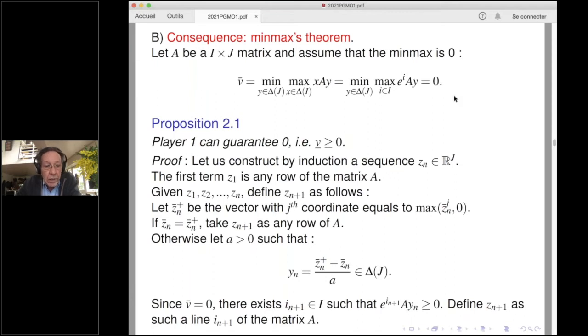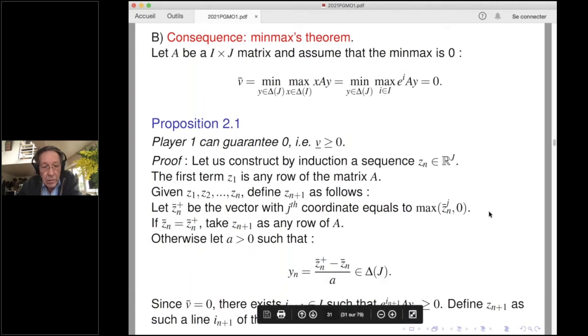Since the min-max is 0, facing this considered as a mixed strategy of player 2, there is a way for player 1 to get 0, because the min-max is 0. It means that the best that player 2 can force player 1 is 0. It means that given any strategy of player 2, player 1 can get 0.